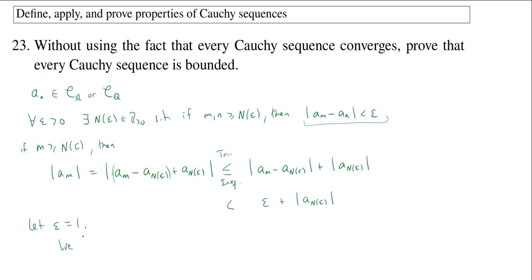So now we have that the absolute value of a_m is less than 1 plus the absolute value of a_n(1). So this is some specific term now. It doesn't change with epsilon because there's just one epsilon. So this is just some specific number, as long as the m we choose is at least n(1).